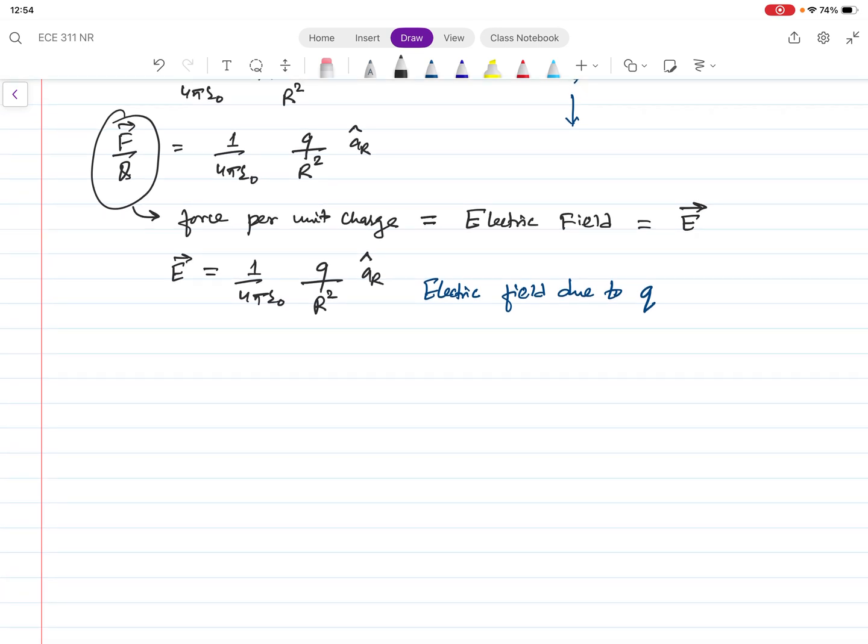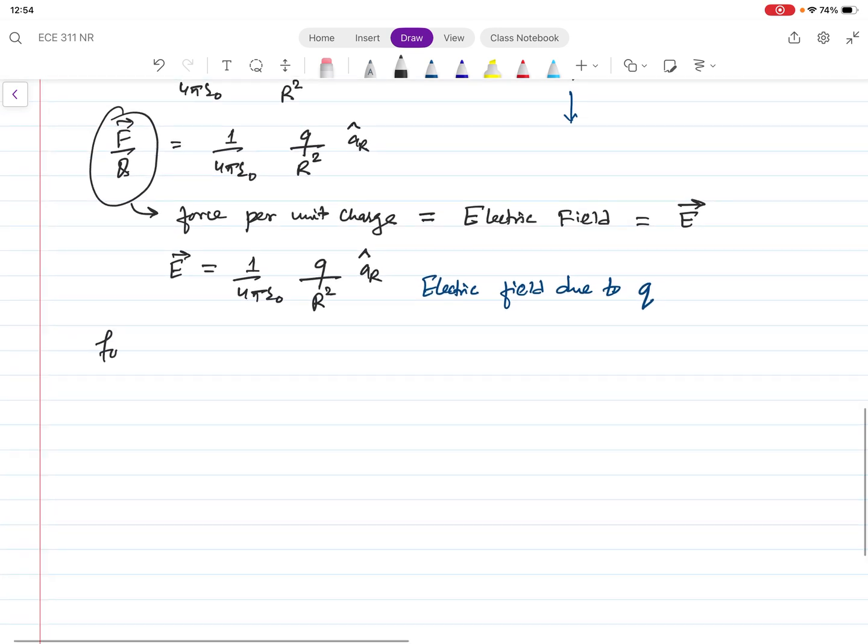If you have multiple source charges, E will be 1 by 4 pi epsilon 0.